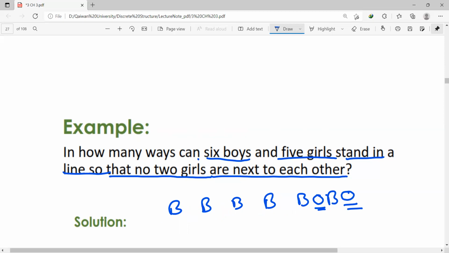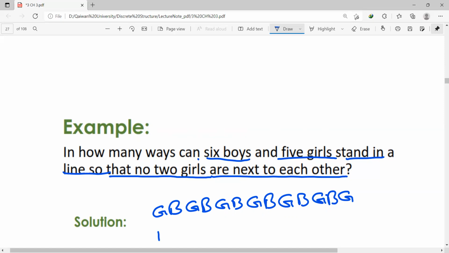Let me write them down. This is a place for a girl, that's a place for a girl. We have these 7 places for the girls, but we have only those 6 fixed places for the boys.